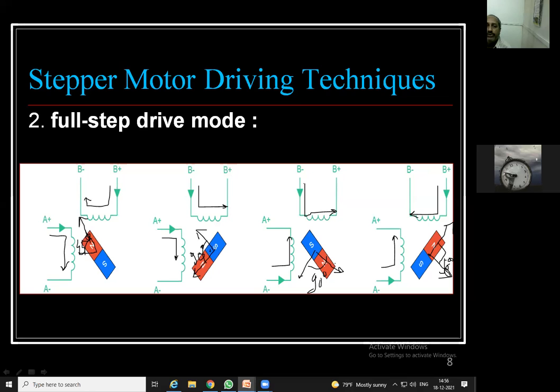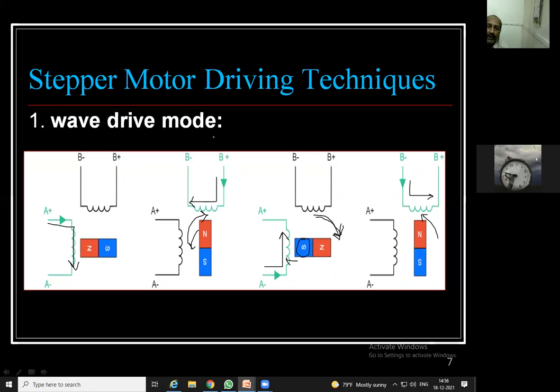Got it? So basically it is horizontal ideally. When you energize, it goes in this direction: this is 1, this is 2, this is 3, and this is 4. Each one has a 90 degree step angle. So in full step also 4 steps and 90 degree.